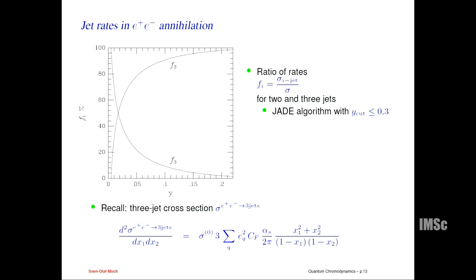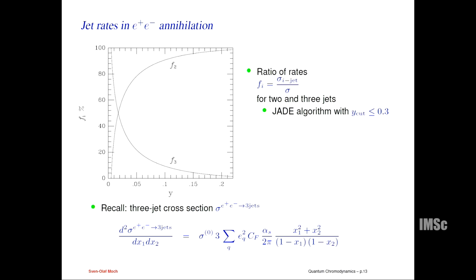Of course this divergence we have to cut off, and then as we increase the value of y cut, we see that the number of 3 jet events that pass our cut is going down. So if we have a y cut of 0.1, then only about 10% or so of all events would pass as a 3 jet event, while we would already say that 90% of our events would be classified as a 2 jet event.